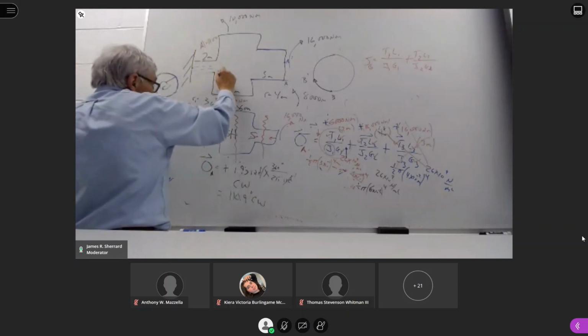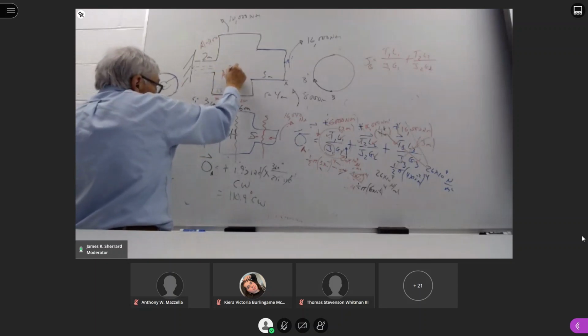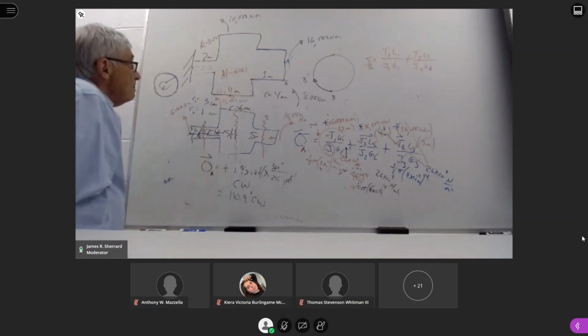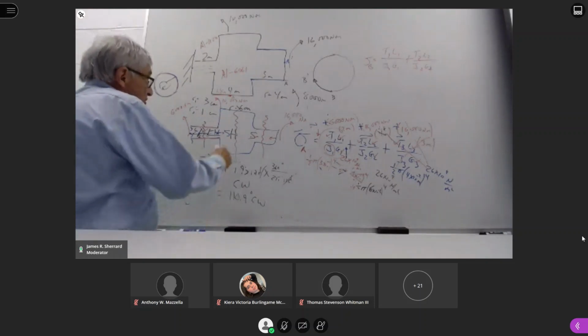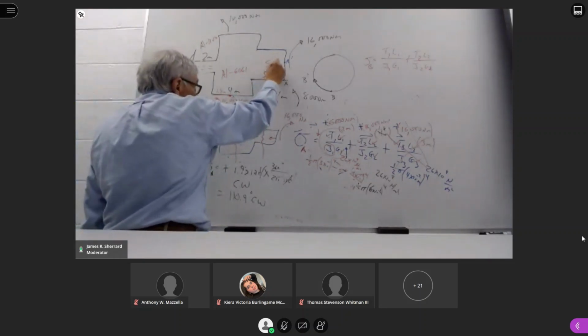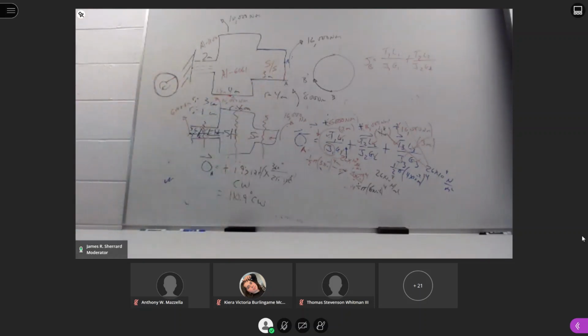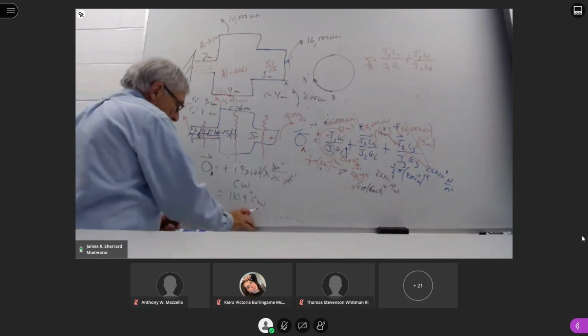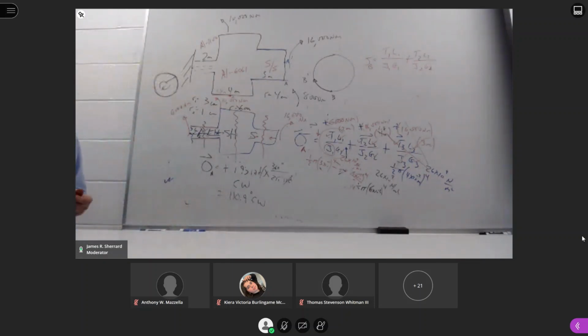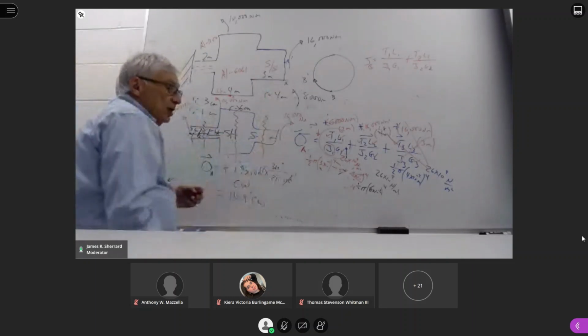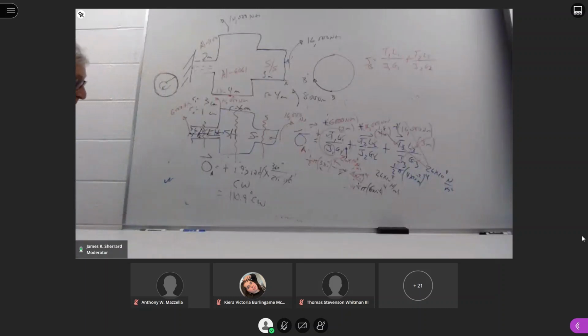Say the second section is made out of aluminum 6061. And the third section is made out of structural steel. Okay. I then go back and I ask you, is the system safe? What is the final rotation of point A?